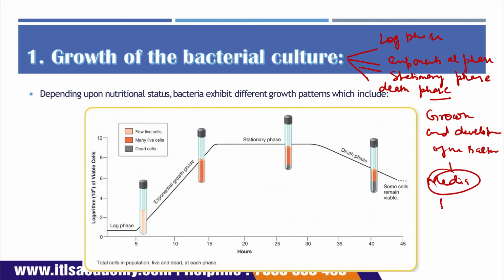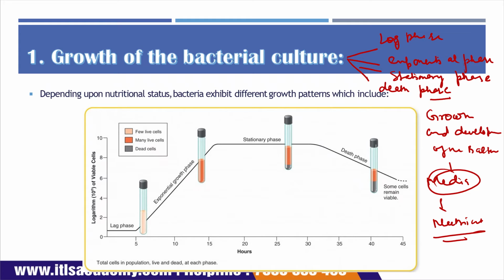What is this media? Media is nothing but a nutrient. Okay, this nutrition is required for the growth and the development of the bacteria. And that we discuss in the bacterial growth curve.